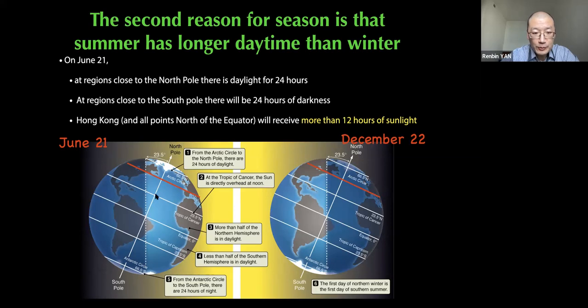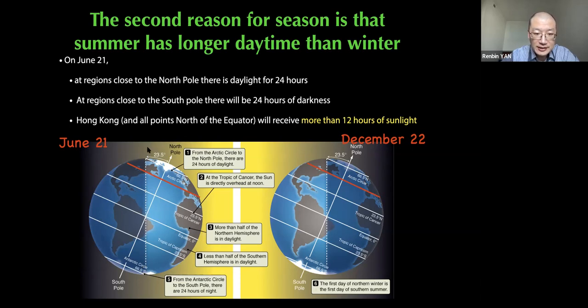And when the rotation axis of the Earth is pointed towards the sun, for the northern hemisphere, we have more than half of the day spent on the day side, and less than half of the 24 hours spent on the night side, because this line that is perpendicular to the orbital plane of the Earth is determining which side of the Earth is bright and which side is dark, right?